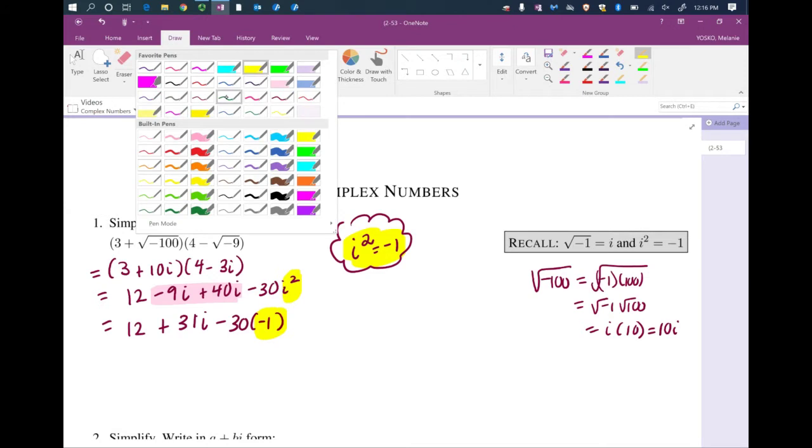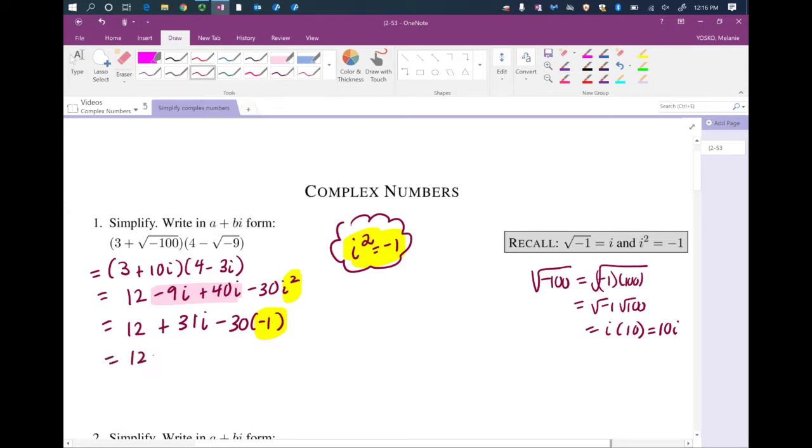So keep on cleaning it up. So we get 12 plus 31i plus 30, and we're going to combine the constants. So we have 12 and 30 that do not have a variable with them, so we're going to add those. So we're going to get 42 plus 31i. And notice this is in a plus bi form. So we've done it.